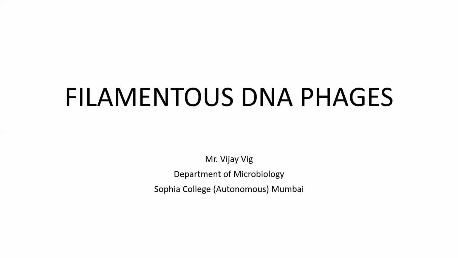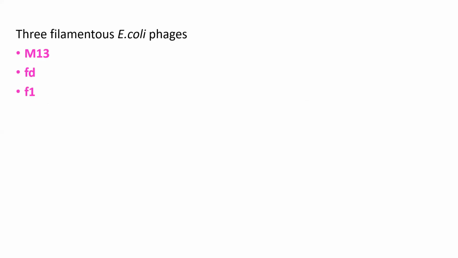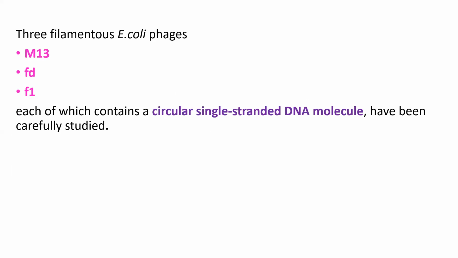Hi everyone. In this lecture, we will learn about filamentous DNA bacteriophages. What are filamentous bacteriophages? Three filamentous bacteriophages that infect E. coli are M13 bacteriophage, FD bacteriophage, and F1 bacteriophage.